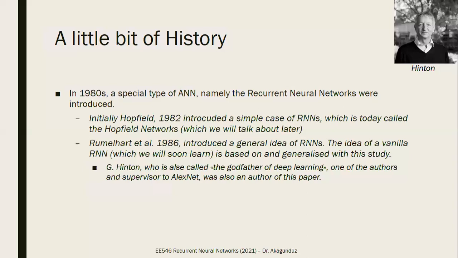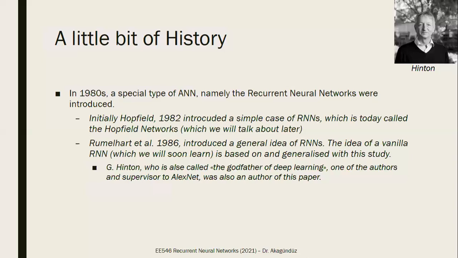However, in 1986, Rumelhart and others introduced the general idea of RNNs, which we know as the vanilla RNN, and which we are going to cover today. It was an important idea because it said that an RNN is different from an ANN, artificial neural network, or FFN, feed-forward neural network, in the sense that a part of the output was fed back to the input to create a memory.